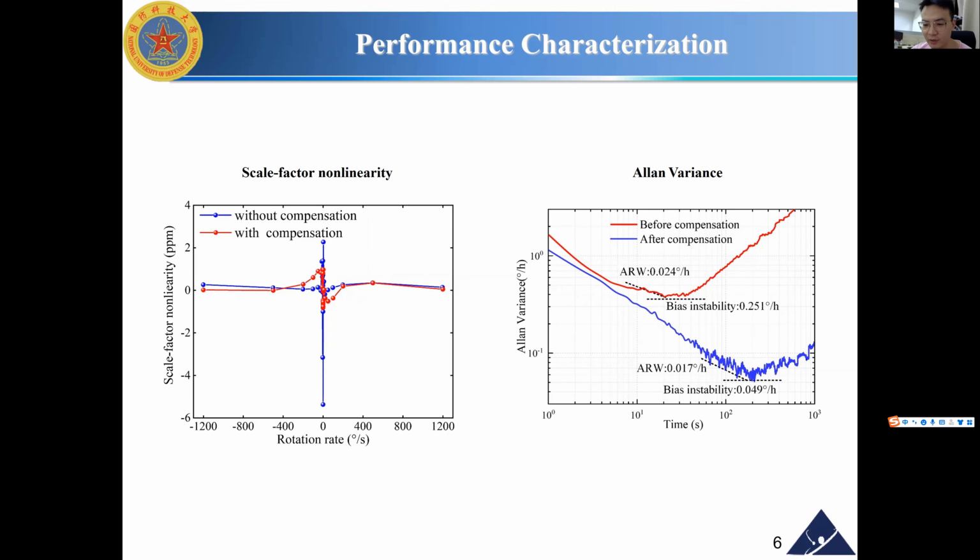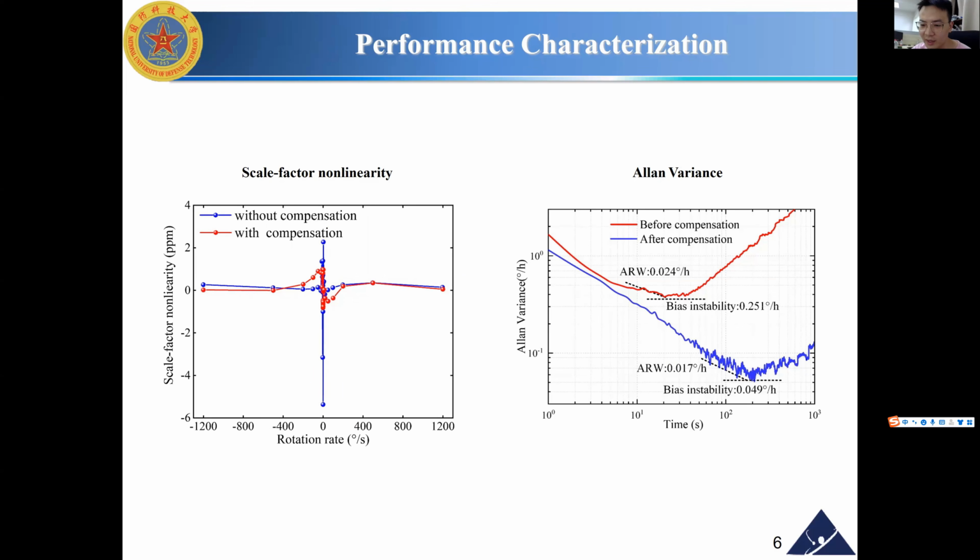This kind of gyroscope is quite suitable for the high-speed rotation because the periodical drift can be averaged to 0. Hence, the maximum scale factor nonlinearity is distributed in the slow speed regions.